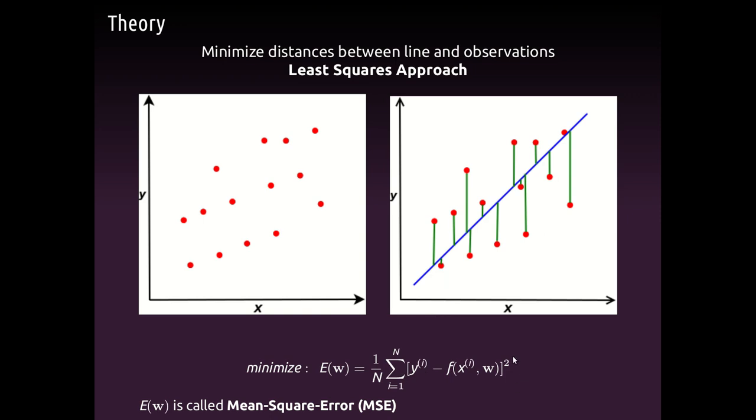And after summing up all of the differences, we compute the average of them by dividing by n, which represents here the number of observations. We do this average step in order to make sure that we can compare our error function using different subsets of data, or subsets with different sizes of data.